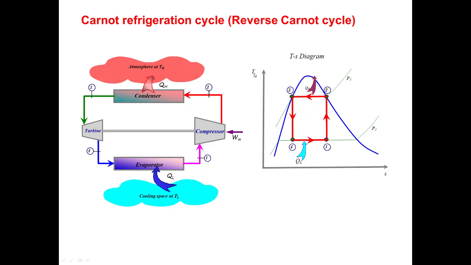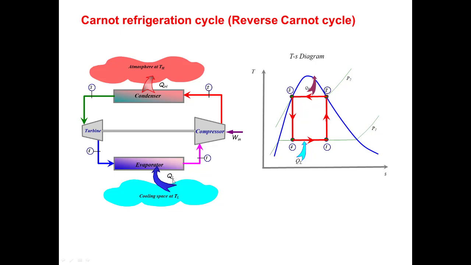Now let's see the theoretical baseline. So let's see this TS diagram of the reverse Carnot cycle. Let's say what is happening in the process, let's say 4 to 1. 4 to 1 is basically the refrigeration effect. So this is the refrigeration effect that we want to produce. This is our desired effect.